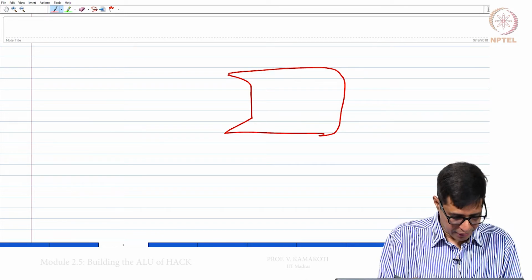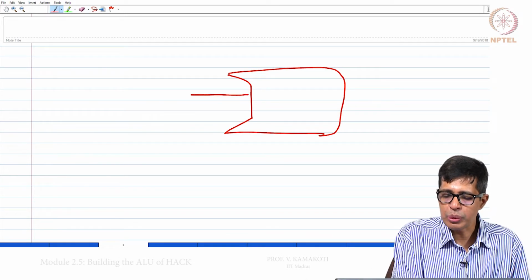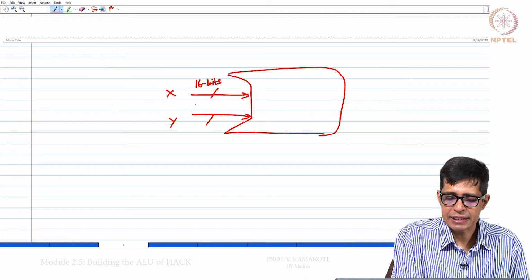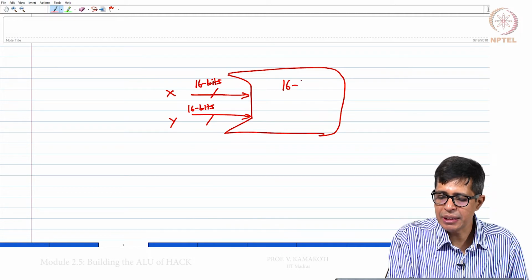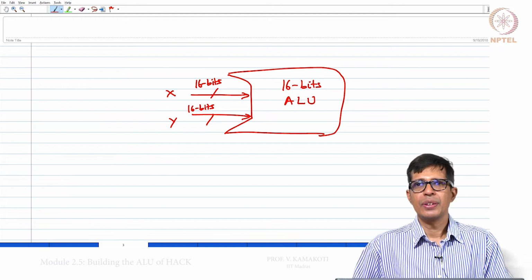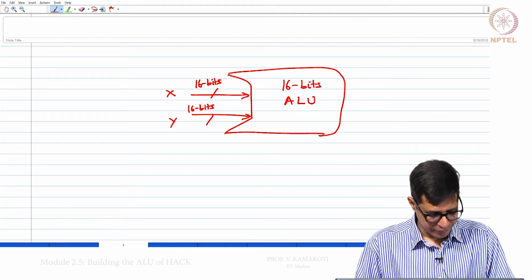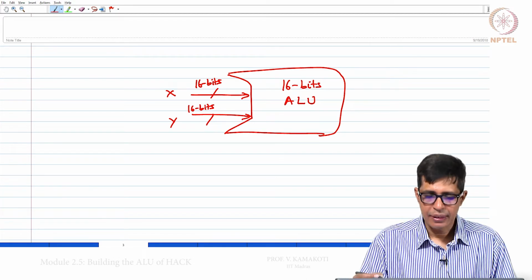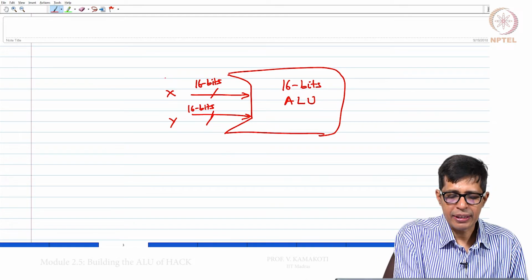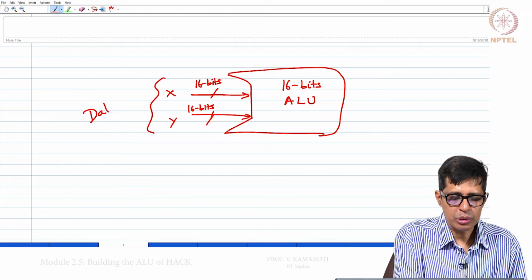So there are two inputs, I call them X and Y. These are basically 16 bits each. That is why we call it a 16-bit ALU. These X and Y are the data inputs to the ALU.